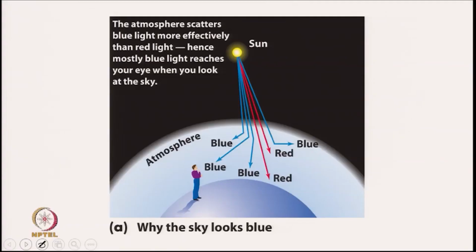Here is the scattering shown in the figure, and you can see that blue is scattered more, whereas red is scattered less, and the blue one reaches our eye during the daytime, and that is why during the daytime the sky looks blue.